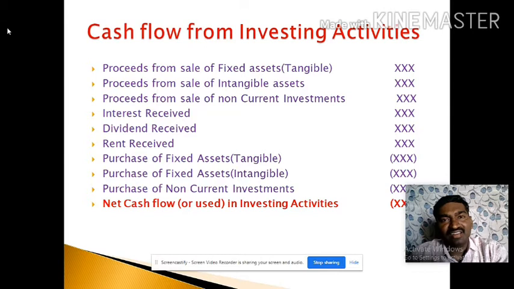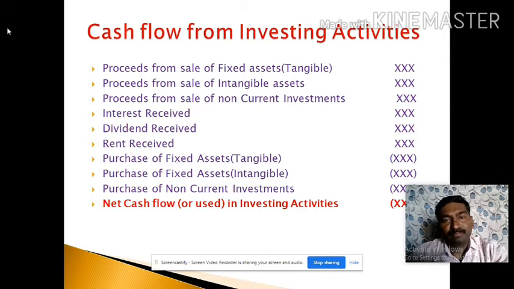Current assets are already adjusted in working capital. The non-current assets, tangible or intangible, whatever they may be, and non-current investments are related to investment activities, which are sale and purchase of fixed assets or non-current investments.